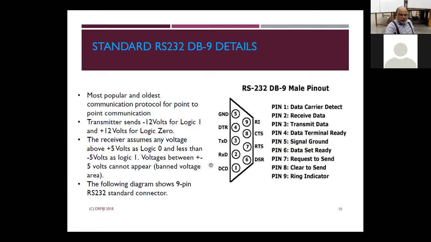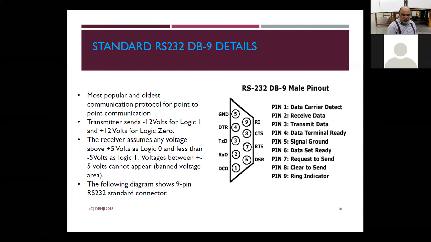The idea was this is designed for older days when there was a separate modem. On one side of the modem you could connect a telephone line with the telephone jack, and on the other side of the modem you could connect the computer using the RS-232 interface.